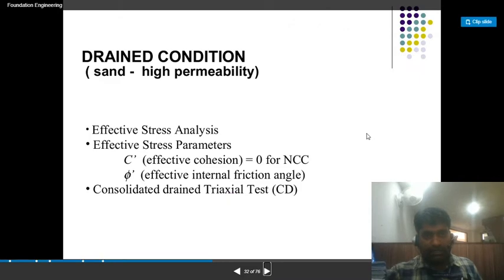For drained condition, sand with high permeability, effective stress analysis, effective stress parameter c dash, effective cohesion is equal to 0 for NC clay, phi dash is the effective internal friction angle, consolidated drained triaxial CD.